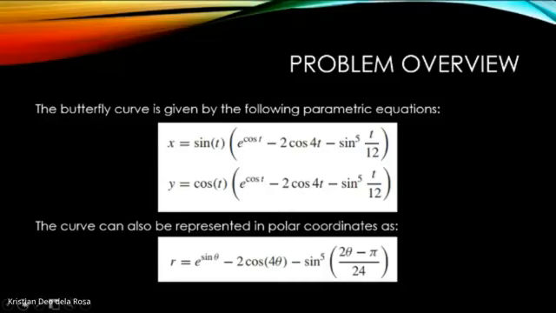Okay, so x is equal to sine t multiplied by e raised to cosine t, minus 2 cosine 4t, minus sine to the fifth power of t over 12. y is equal to cosine of t multiplied by e raised to cosine t, minus 2 cosine 4t, minus sine to the fifth power of t over 12.